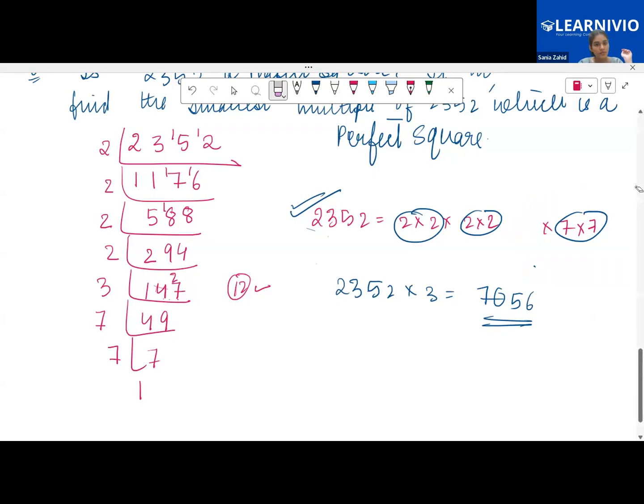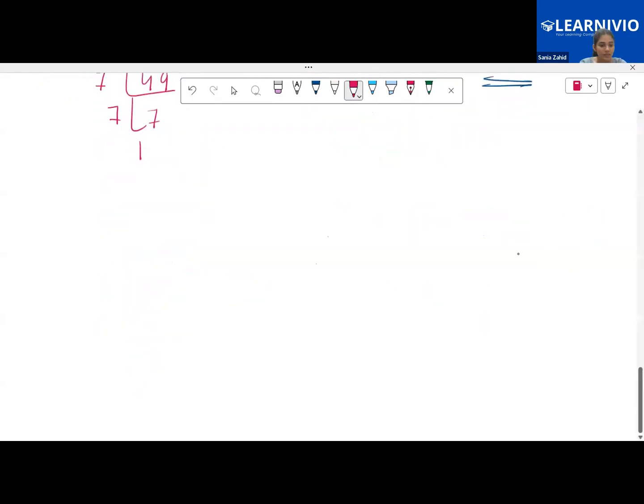Now this number also becomes a perfect square, isn't it? Yes, ma'am. Even on removing it, I can make the single digit a square number. Okay, I can multiply one more of the similar kind, or I can remove the existing digit as well. I can go both ways. So even if I divide this number by 3, then also I'll get my answer. Okay, children. So we'll come to those types of questions as well.